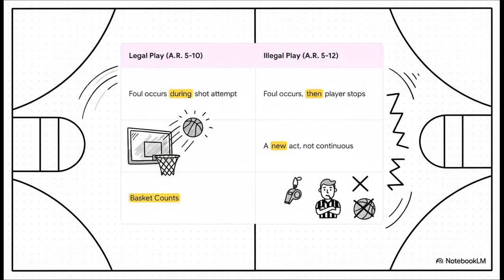In approved ruling 510, the player gets fouled as they gather the ball and start their shot. It's all one fluid motion, a clear continuation. The basket counts. But now look at the right, at ruling 512. In this case, the player is fouled, comes to a full stop, and then decides to heave a shot up. The rulebook says that's a new act, totally separate from the drive. And in that situation, the basket is waved off. It's just a common foul.